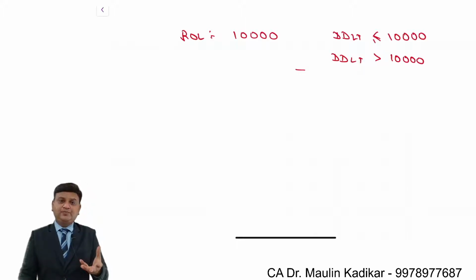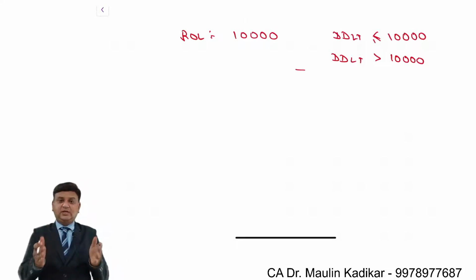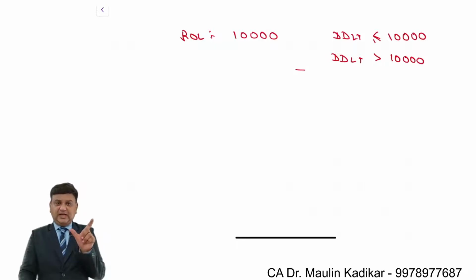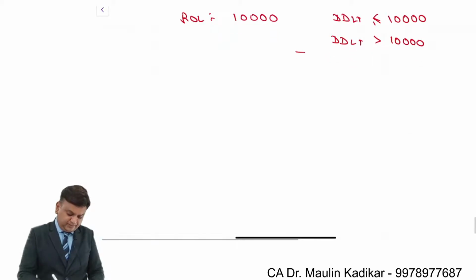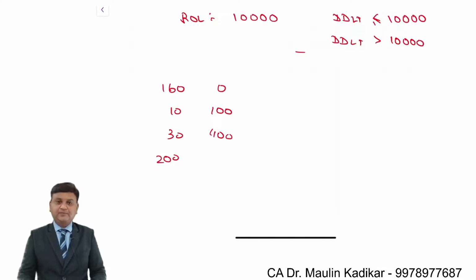Suppose I am observing the last 200 reorder periods. Out of 200, for 160 times there was no stock out. For 10 times the stock out was of 100 units. For the remaining 30 times the stock out was of 400 units.